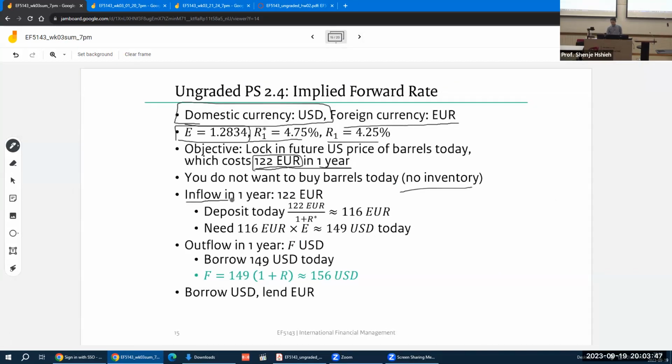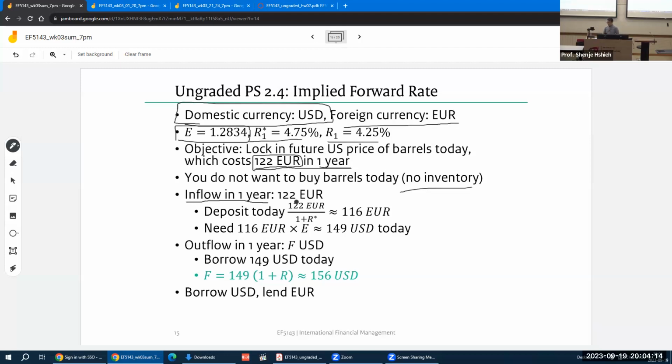So first, we noticed that we need an inflow of 122 euros to buy a barrel in 1 year. Okay, you don't need the euros today, so what we can do is deposit some amount of money in a foreign bank account, earn some interest, and then have 122 euros at the end of 1 year. Right? You don't need 122 euros today.